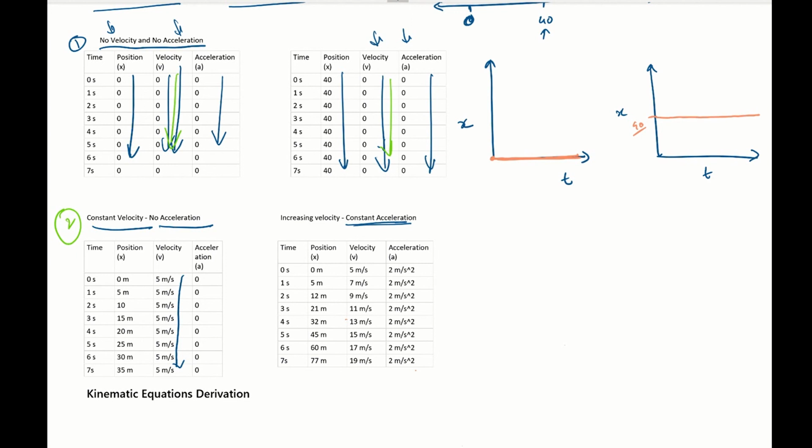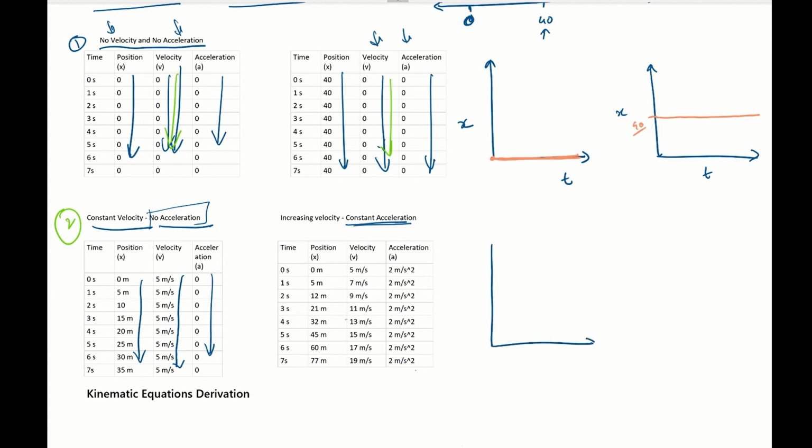We'll look at constant acceleration later on, but over here you have a constant acceleration of 0 meters per second squared. So there is no acceleration, the velocity remains constant, and the position is changing as well, because without velocity there is no change in position.